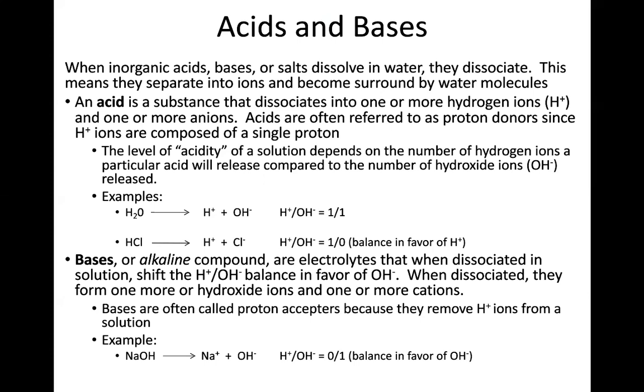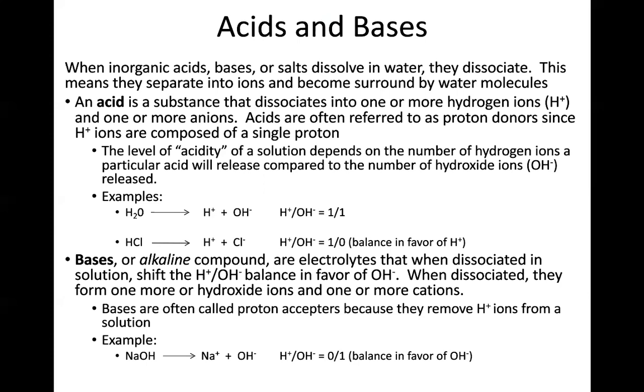No. Good. HCl dissociates to form hydrogen ion and chloride ion, where there's 1 hydrogen ion and no hydroxide. So it's a 1-to-0 ratio. So there's more hydrogen ions than hydroxides because there's no hydroxides. So HCl is an acid. I told you the other day it's hydrochloric acid.